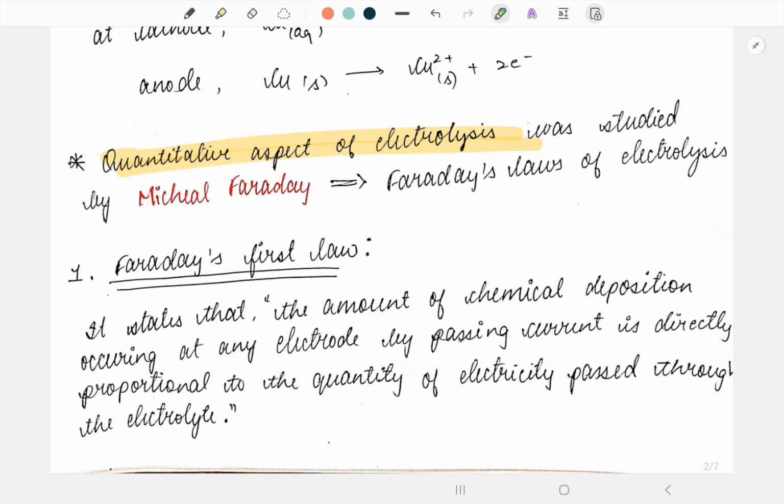Faraday's first law states that the amount of chemical decomposition occurring at any electrode by passing electricity is directly proportional to the quantity of electricity that is passed through the electrolyte.